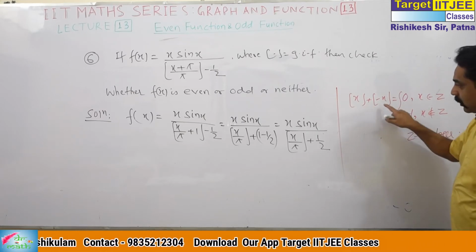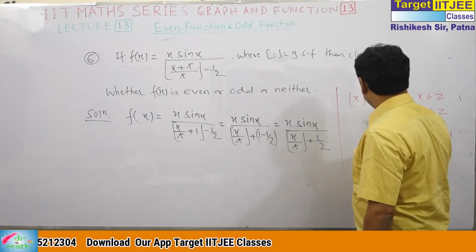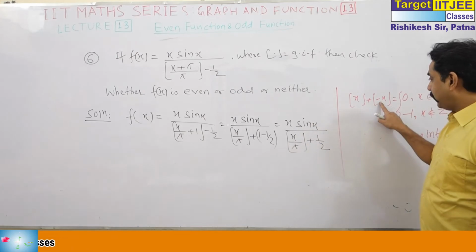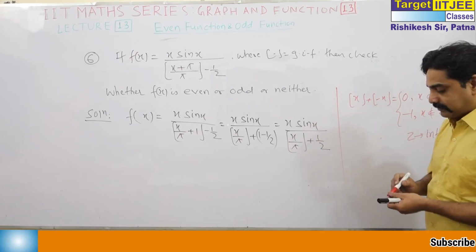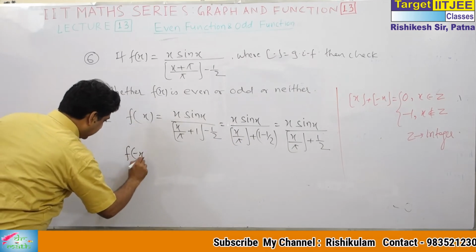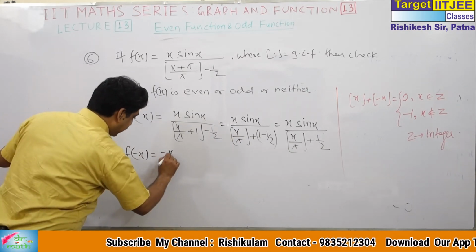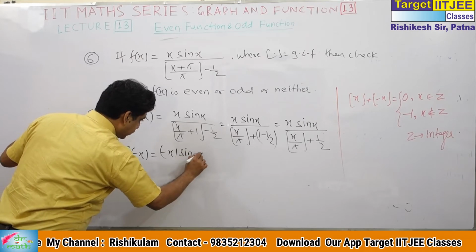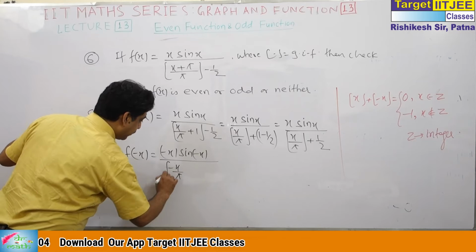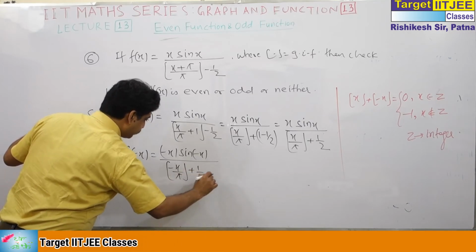Why am I telling about this? Because when we replace x by minus x, there is a minus here. As you can see, what is f(minus x)? This is minus x sin x, minus x by pi, plus 1 by 2.